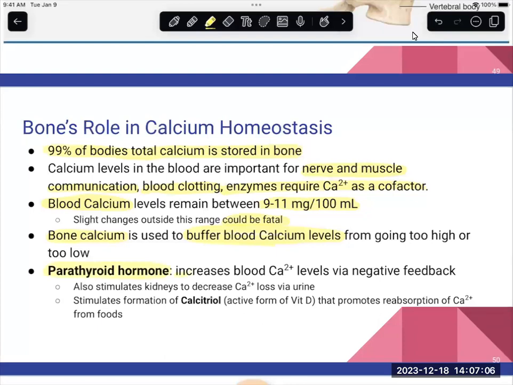So if we have an increase or a decrease in blood calcium, your blood calcium level has gotten too low, what it's going to do is help to break down calcium from your bone.